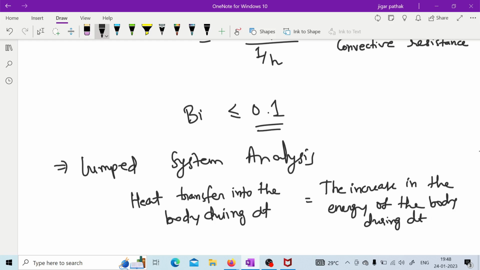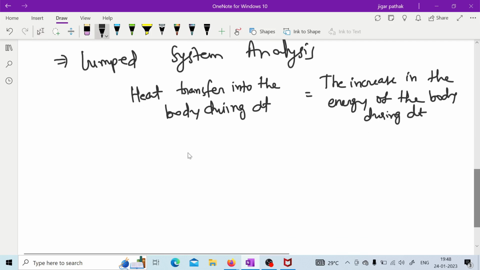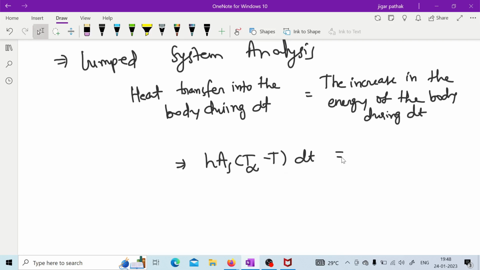So if you provide further simplification, then it is nothing but h A_s (T infinity minus T) dt equals m cp dT, right? So here this dt is related to the time, this dT is related to the temperature difference.